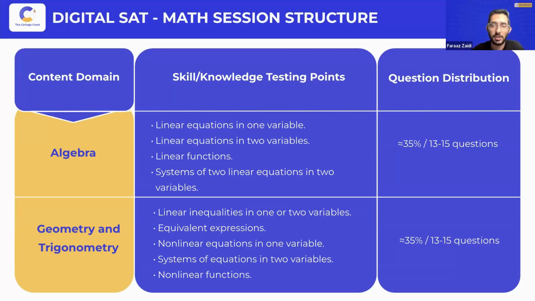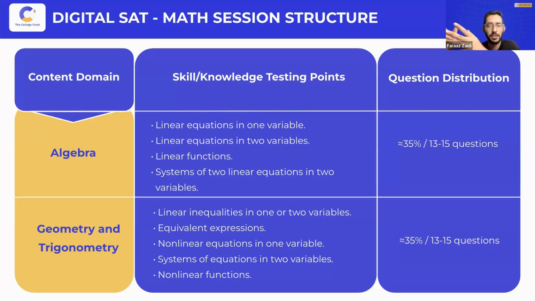We will first start with maths, and the topics that are going to be extremely crucial for you to really get that 40, 42, 43 over the 44 questions. Algebra is one of the most important parts within mathematics that you need to master. You could expect anywhere between 13 to 15 questions purely in algebra, which is approximately 35% of this section.